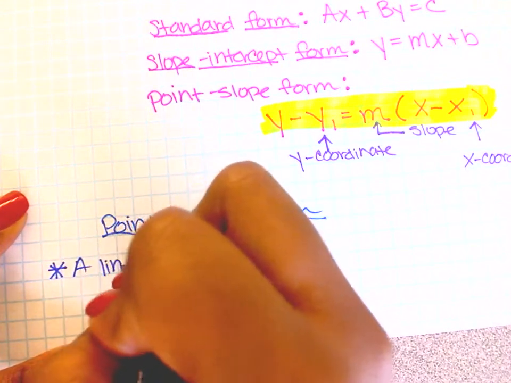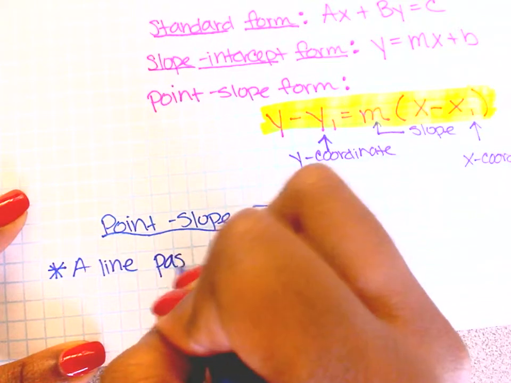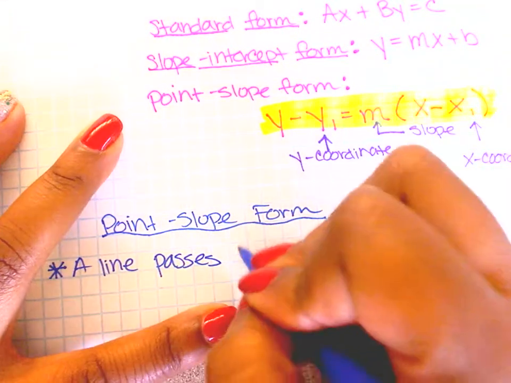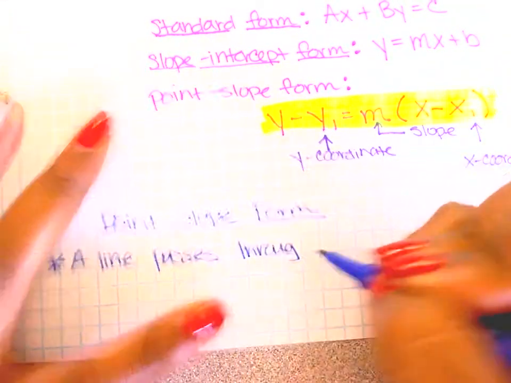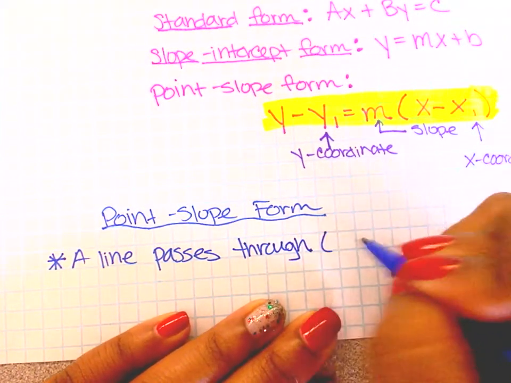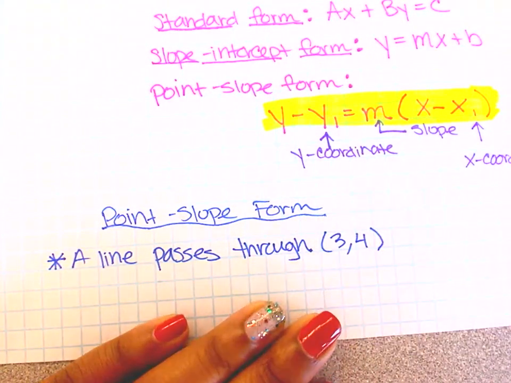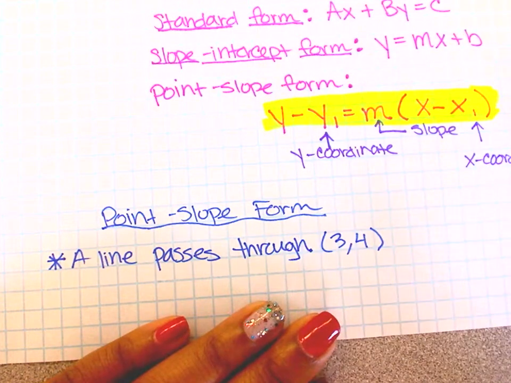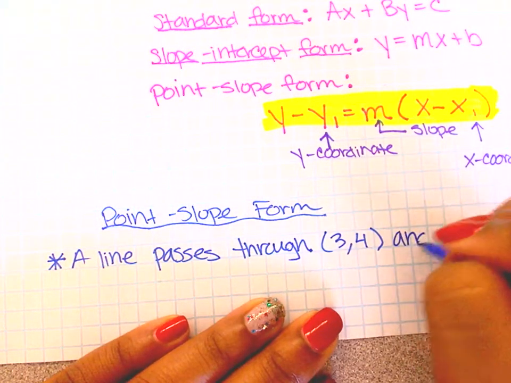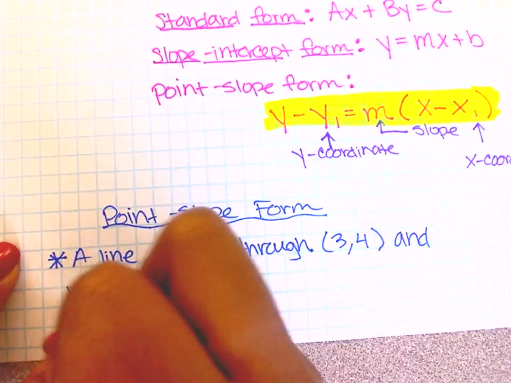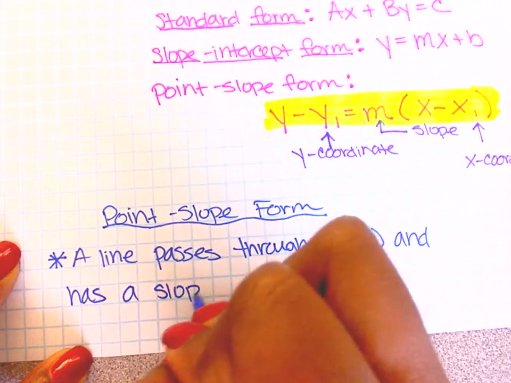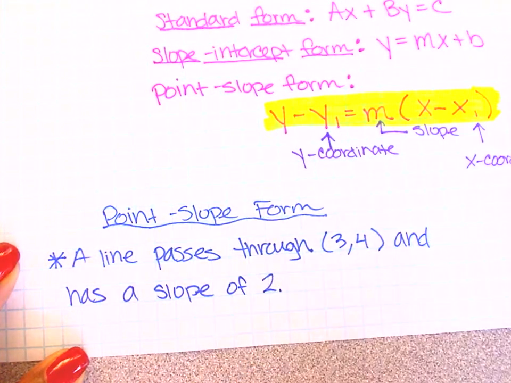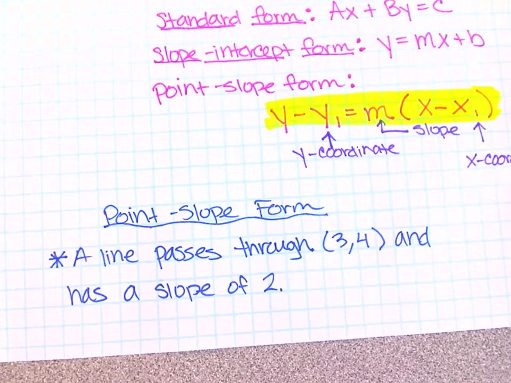I'm giving you an example. A line passes through point 3, 4 and has a slope of 2. Go ahead and write that down.